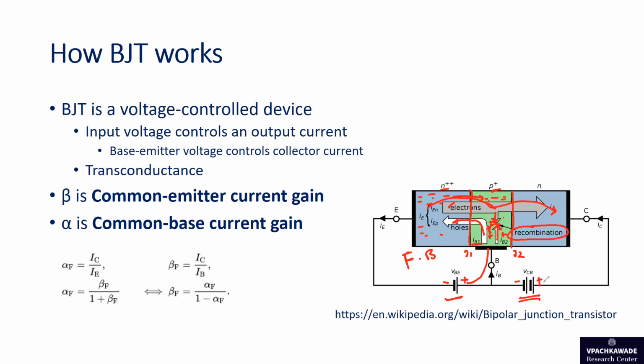You see that this voltage is connected in such a way that the positive is connected to the N type of material, which is the collector, and the negative is connected to the P type material, which is the base. So due to positive voltage applied to the collector, the electrons present in the collector and the electrons coming from emitter to the collector are attracted.